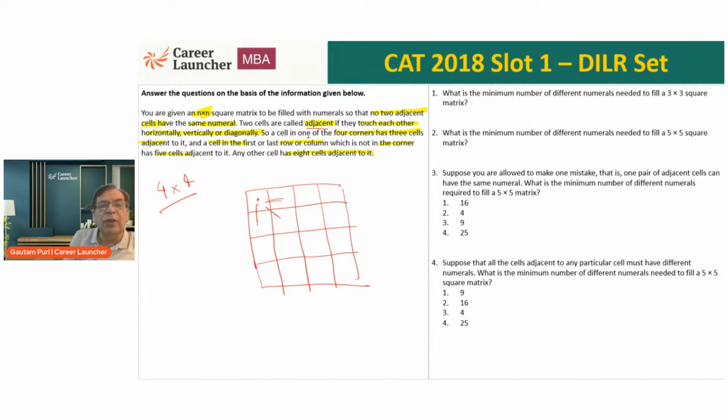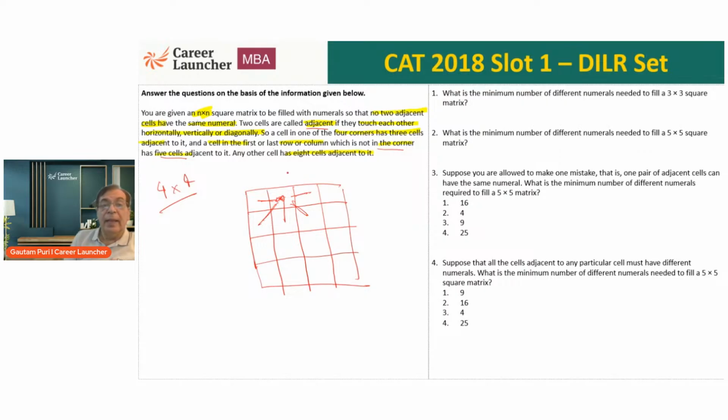So a cell in one of the four corners has 3 cells adjacent to it. Okay, this much we understand. So the job is to draw the figure if required to understand. And a cell in the first or last row which is not in the corner, let's take this cell. Not in the corner. How many adjacent cells? 5. Let's verify. 1, 2, 3, 4, 5. 2 horizontally, 1 vertically, and 2 diagonally.